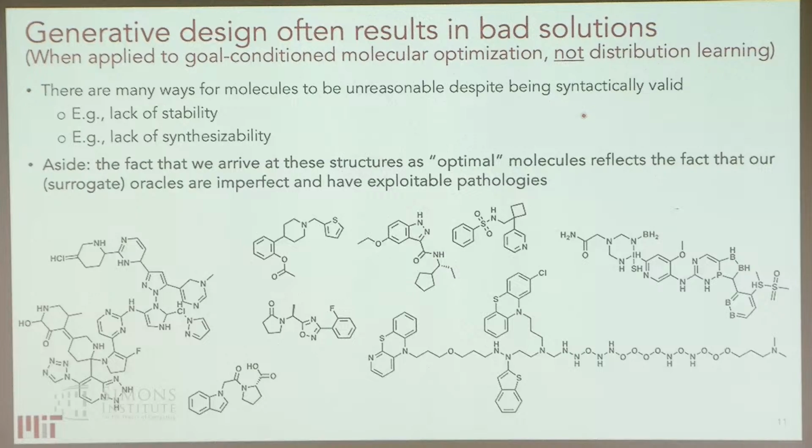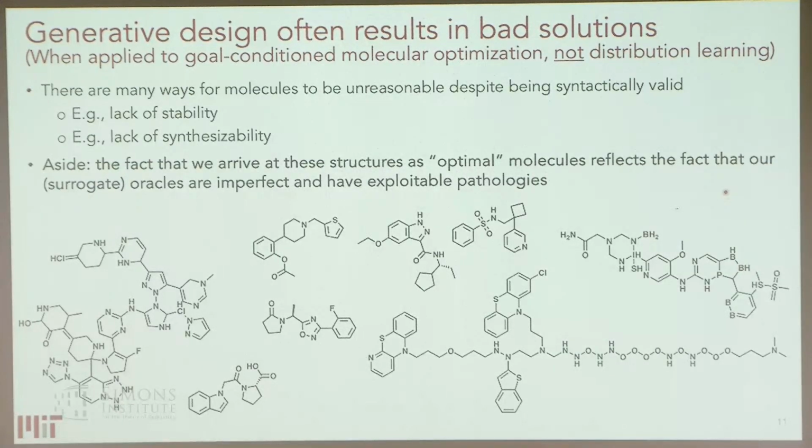As a note, it's not necessarily the generative model's fault, because the oracle or the surrogate oracle is saying that this is a good molecule. So the fact that we arrive at very silly structures as local optima is also a reflection of these pathologies and issues in the surrogate oracles we're using, or just normal oracles as well.